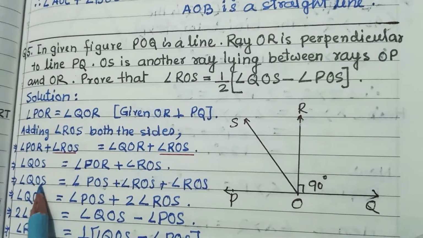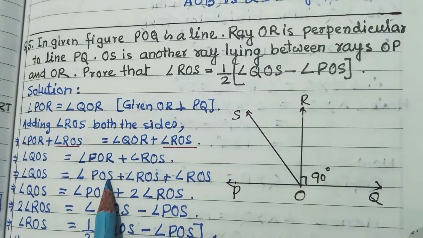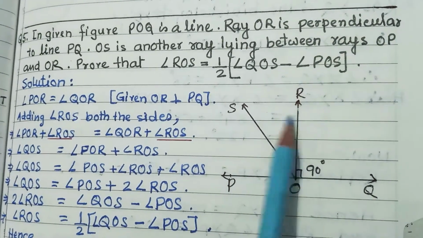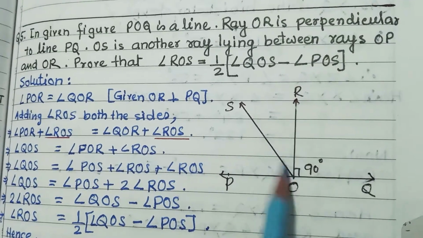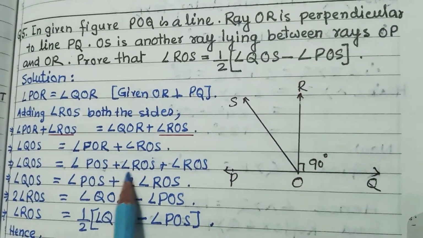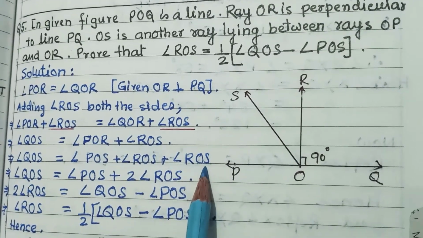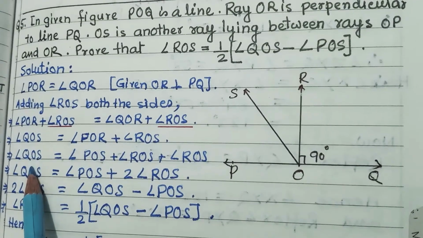Now QOS is equal to, POR is equal to these two angles, POS plus ROS. So I have written POS plus ROS, and it was ROS, just copy it. Now 2 times ROS, 2 ROS, and these are copied.